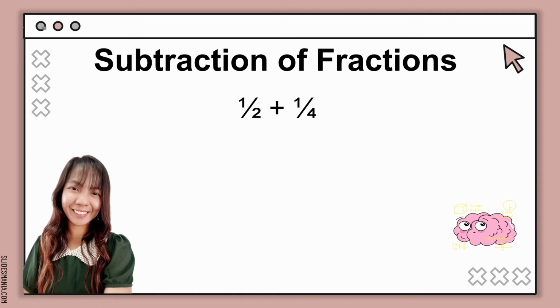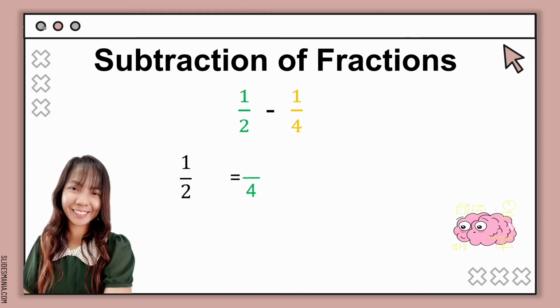Next, subtraction of fractions. We have 1 over 2 minus 1 over 4. This time, we don't have the same denominators. So again, we do the same thing we did when we added two fractions with unlike denominators. So 1 over 2, and let's make this denominator the same.